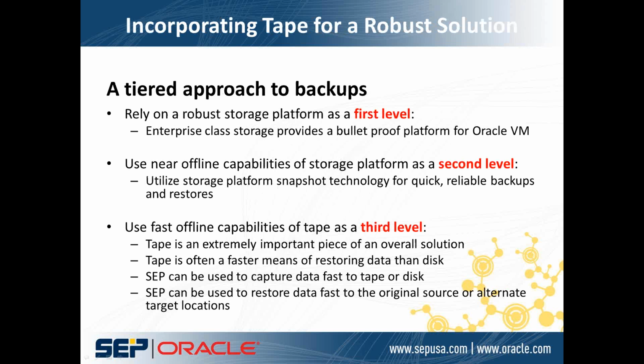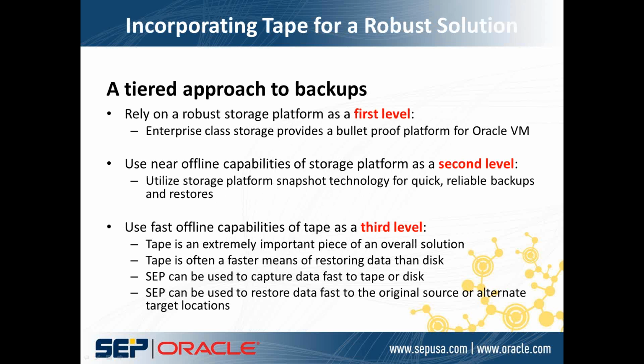Now use near offline capabilities of the storage platform as a second level of your tiered approach. So you would use snapshots first. Once you have the snapshots, you go to your third level, which is to use the fast offline capabilities of tape. Tape is an extremely important piece of the overall solution.